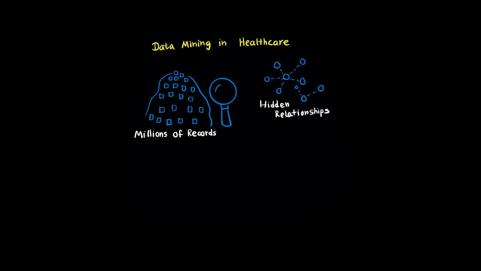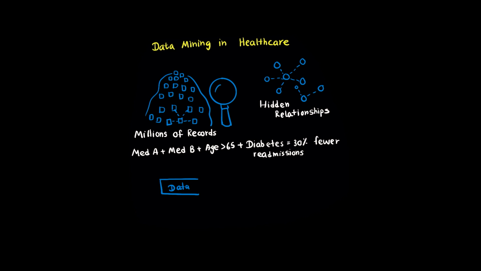Imagine you have 10 years of hospital data, millions of admissions, procedures, outcomes. Hidden in that data might be the pattern showing that patients who receive a specific medication combination have 30% fewer readmissions, but only if they're over 65 with diabetes and hypertension. No human would ever spot this specific combination among millions of possibilities.